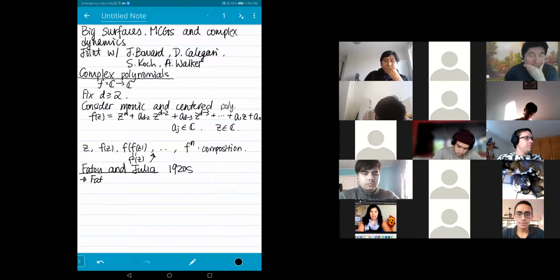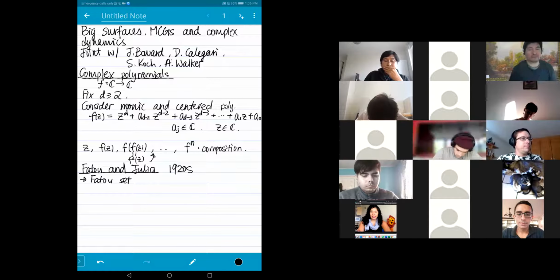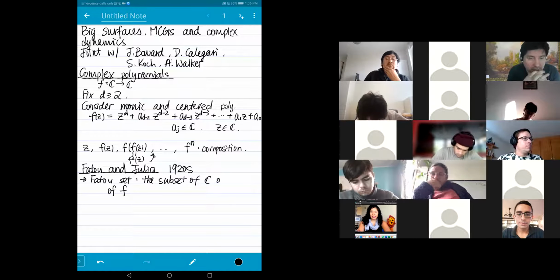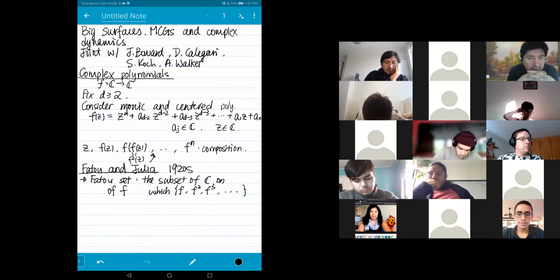The Fatou set of f is the subset of the complex plane on which the sequence f squared, f cubed, and so on forms a normal family.